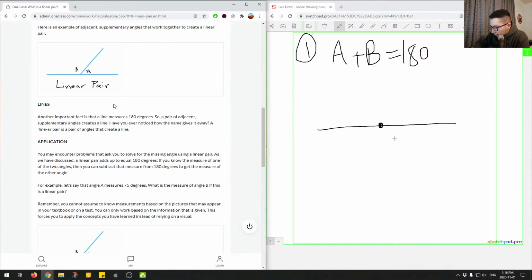Let's draw a yellow line. Let's say this is the line, and then we have angle A over here and angle B over here.